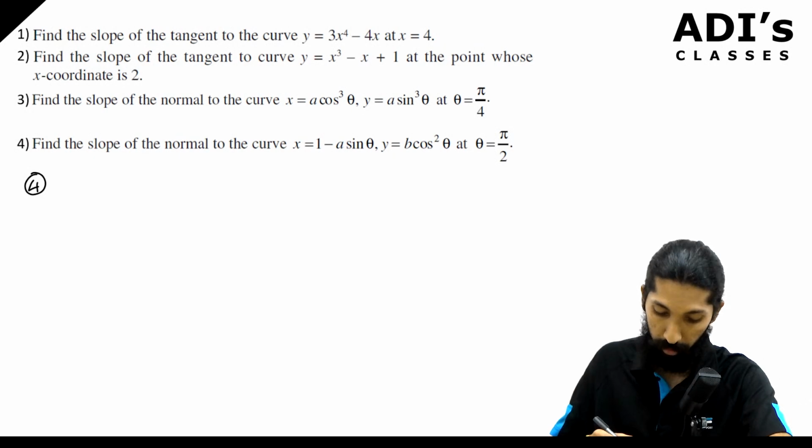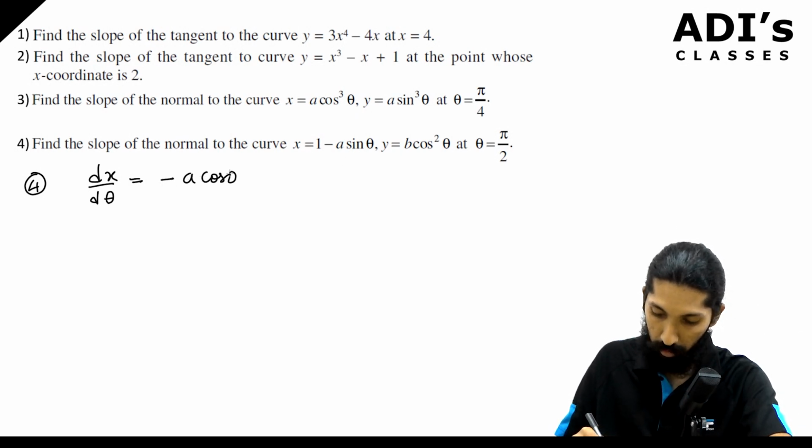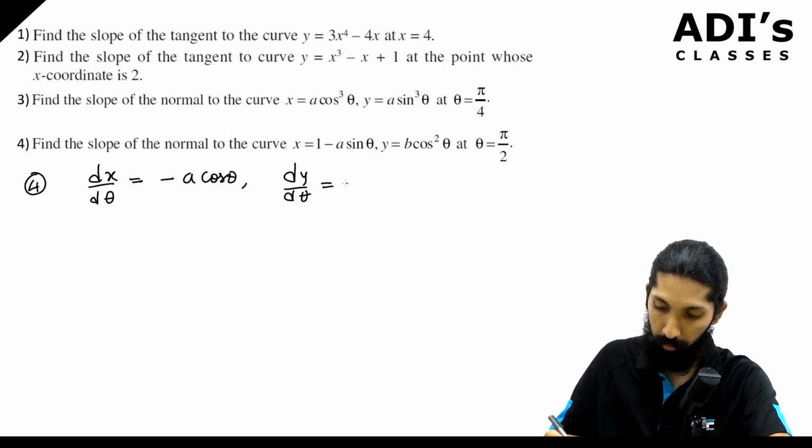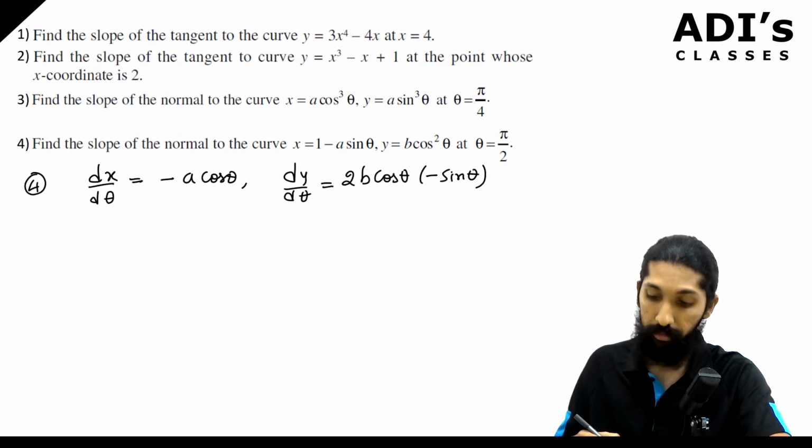So differentiate with respect to theta. dx by d theta is equal to minus a cos theta, and dy by d theta will be equal to 2b cos theta into minus sin theta, isn't it?